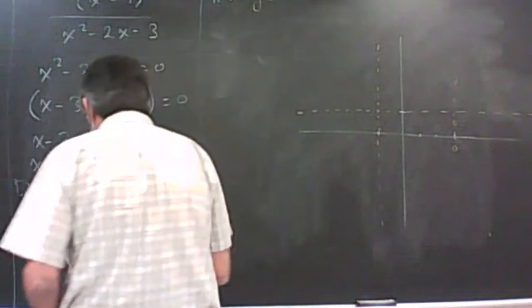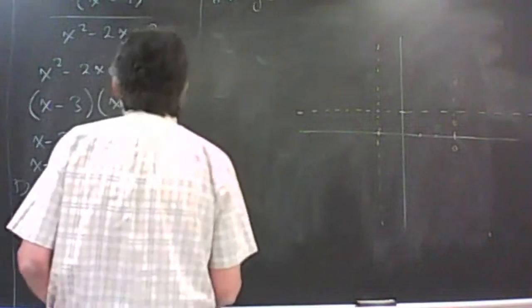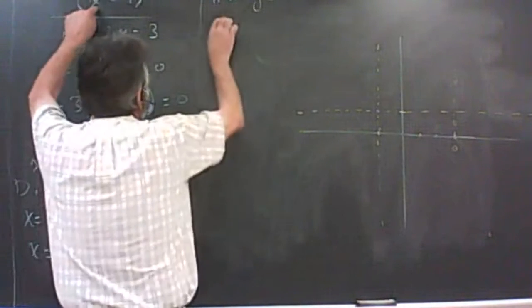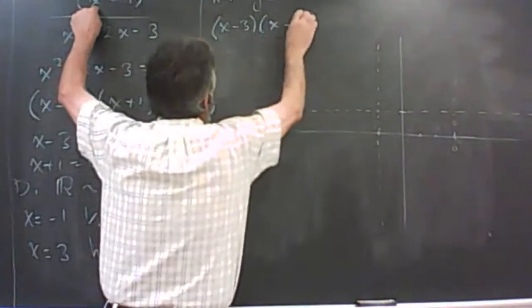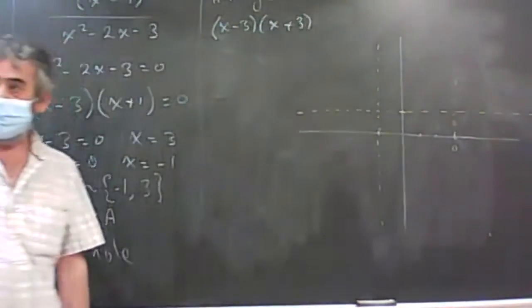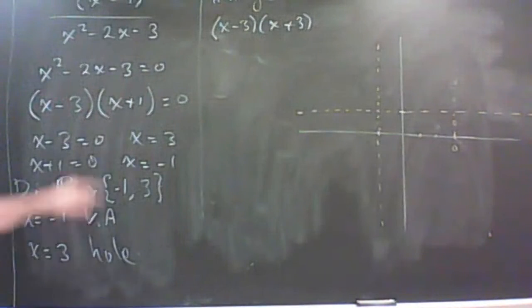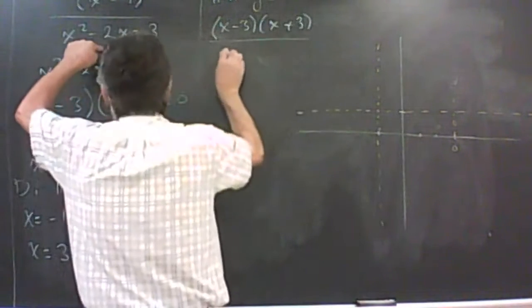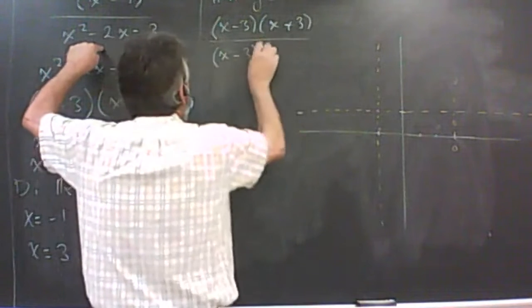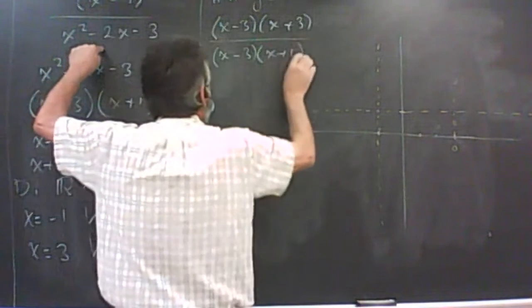Now, to figure that out, I should have left those numbers down, but I'm going to go ahead and do it again. So this we said it's x minus 3, x plus 3. Correct? This we said it is x minus 3, x plus 1.